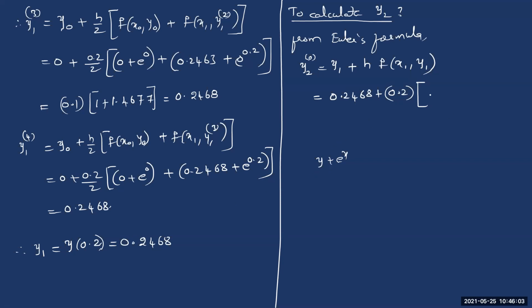And y1 is 0.2468 plus e to the power of x1, which is 0.2, so I'm substituting 0.2 here. If you use your calculator to simplify this, it is e to the power of 0.2 plus 0.2468, closing the bracket, into 0.2, then plus 0.2468.